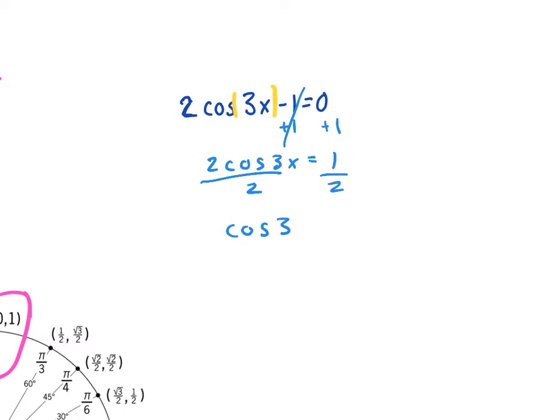So cosine 3x is equal to 1/2. We got that cosine all by itself, so now we need to find 1/2 on our unit circle. When dealing with cosine, do we look at x or y values? The x values.